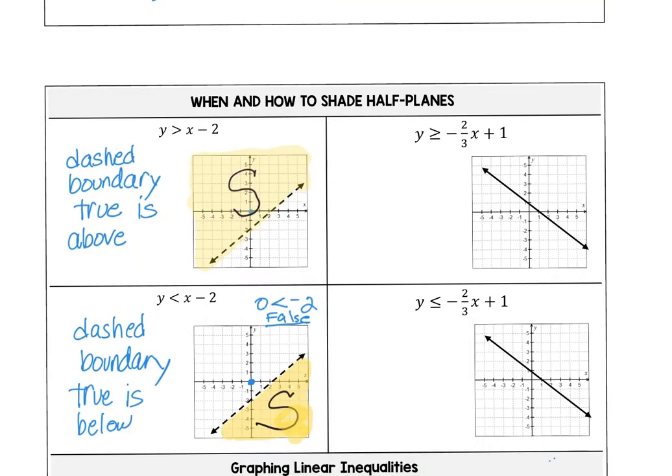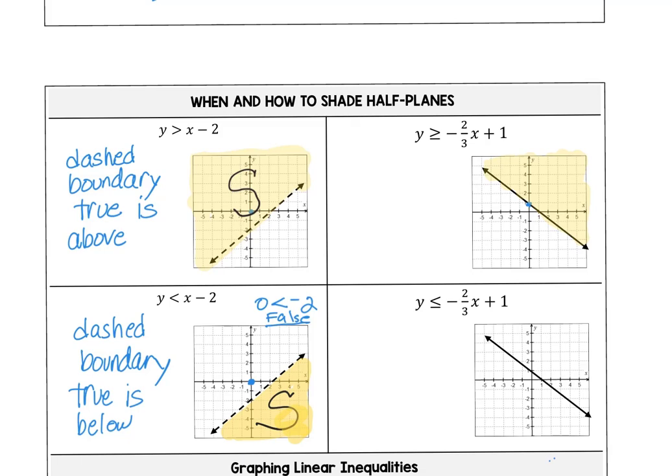Then over on this right side, all the y values that are greater than or equal to our boundary line, this is our boundary line, greater than or equal to, so here the y value is 1, and y values that are above 1 would be above the line. So the y values in the half plane that are true would be up here. You could also do that by testing 0, 0, and you would find out that 0 is greater than 1 when you substitute a 0 for x.